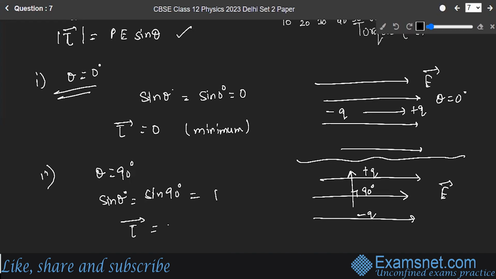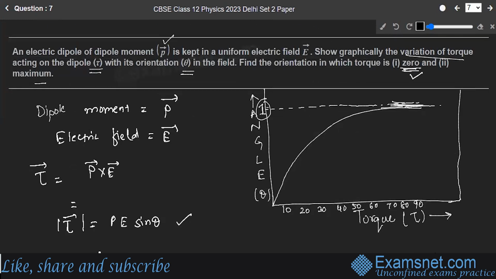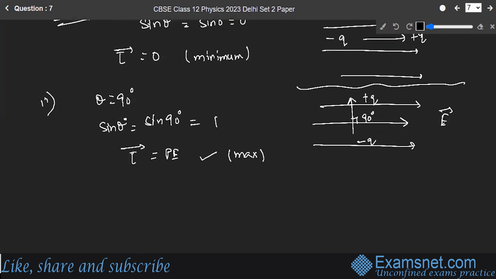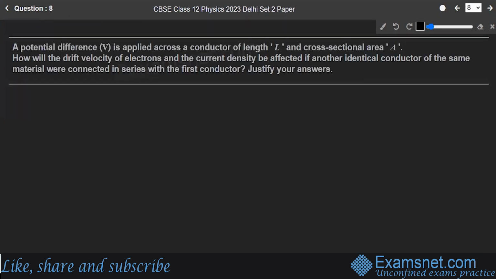The torque will be equal to PE. So this is maximum. Hence you found out it will be minimum, it will be 0 when the angle between them is 0, and it will be maximum when the angle between them is 90 degrees. Hope you're clear with this. Let's move to the next question.